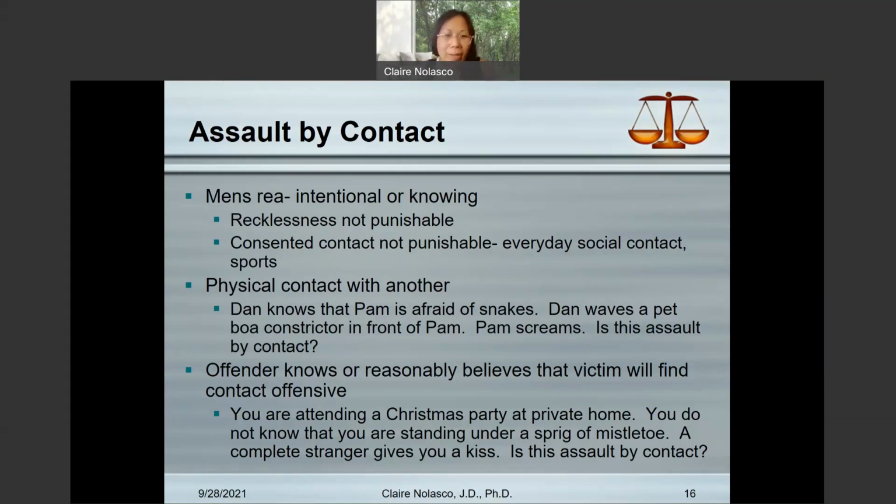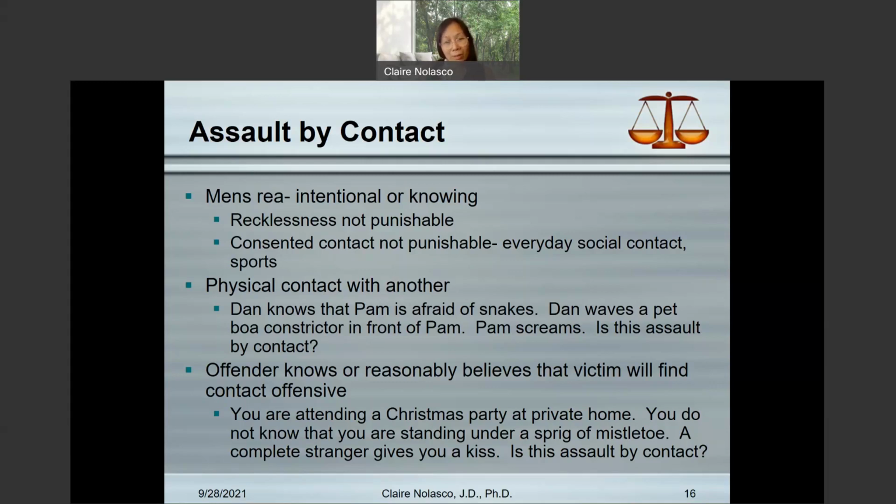The third element is that the offender knows or reasonably believes that the victim will find the contact offensive. For example, you are attending a Christmas party at a private home. You do not know that you are standing under a sprig of mistletoe. A complete stranger gives you a kiss.